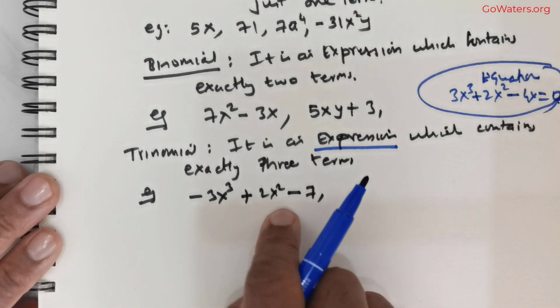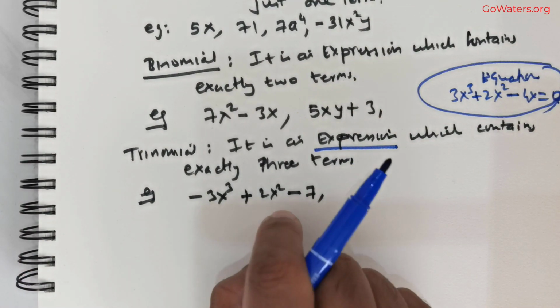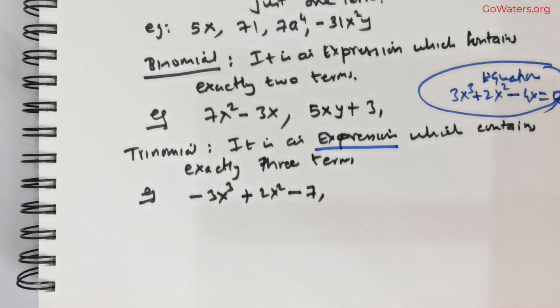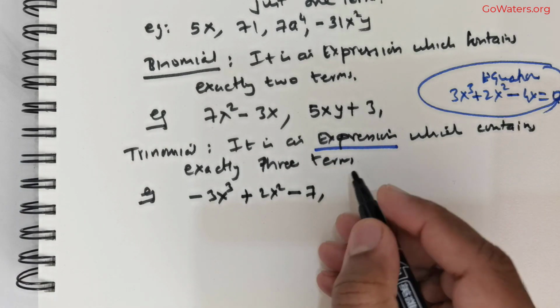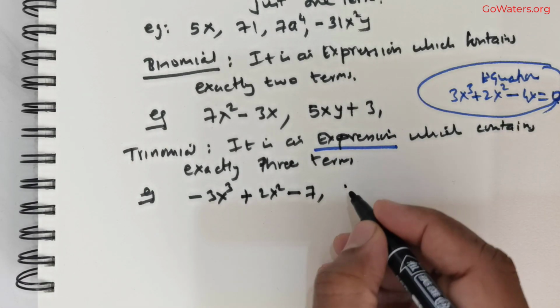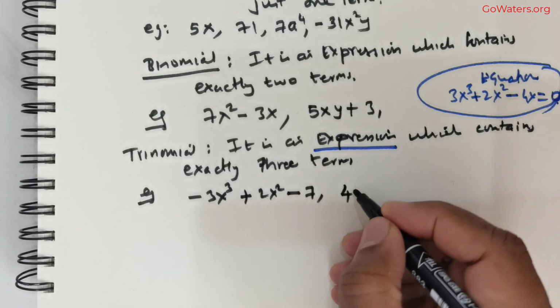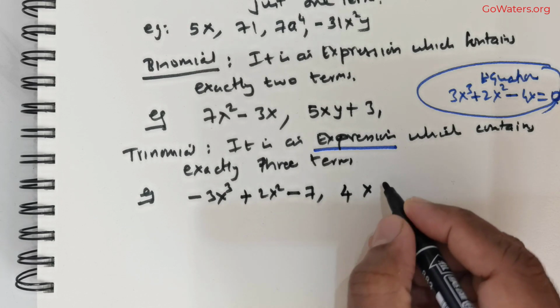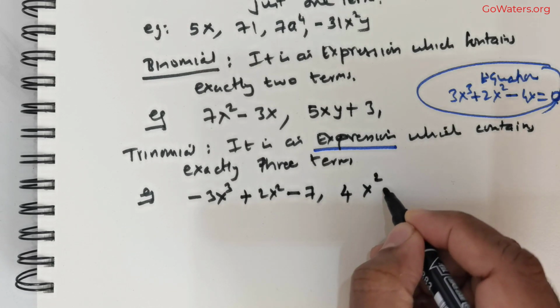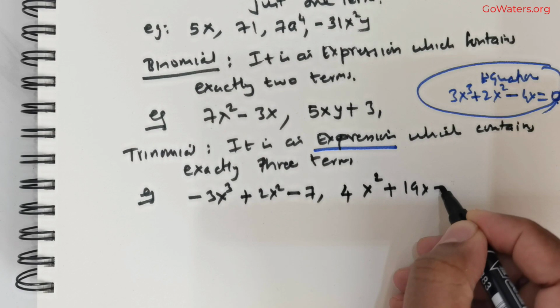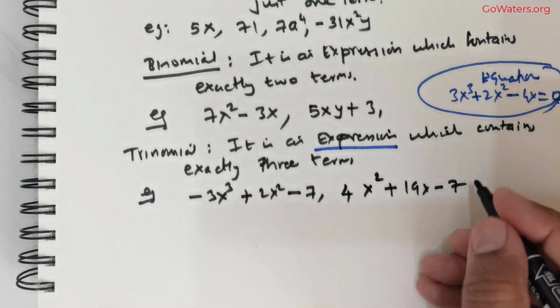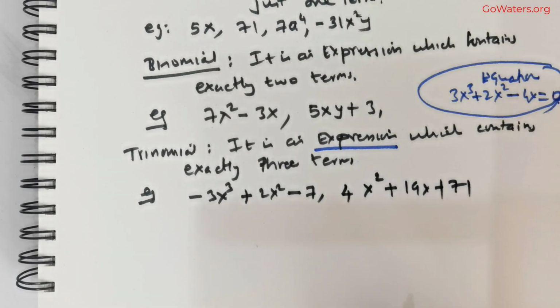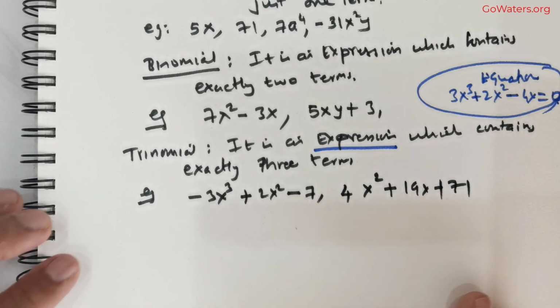If there is no equating with 0, then this is called an expression. Now we can give another example: 4x to the power of 2 plus 19x minus 7, or 71 or positive 71. This is an example of a trinomial.